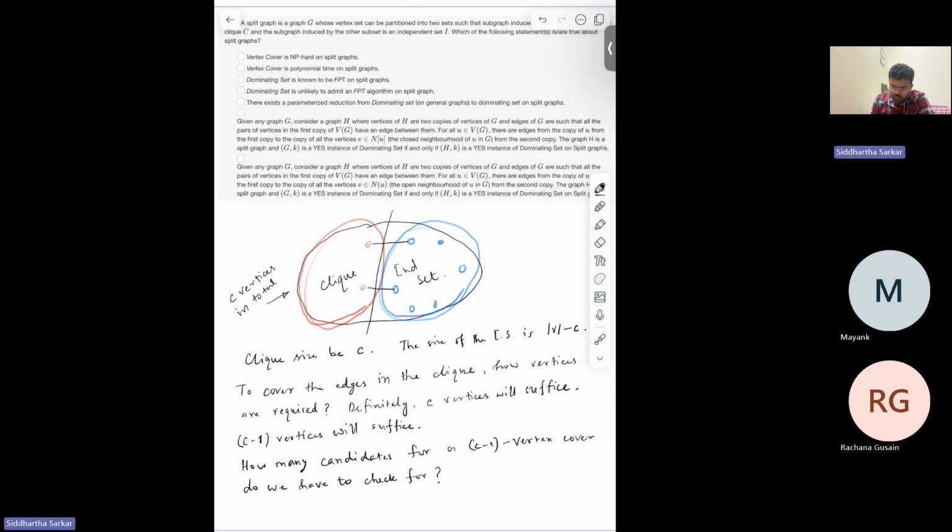You have the liberty to leave out one of the vertices on the clique side. There are c options, so you can form a c minus 1 subset in c ways. Therefore, in total there are c candidates.